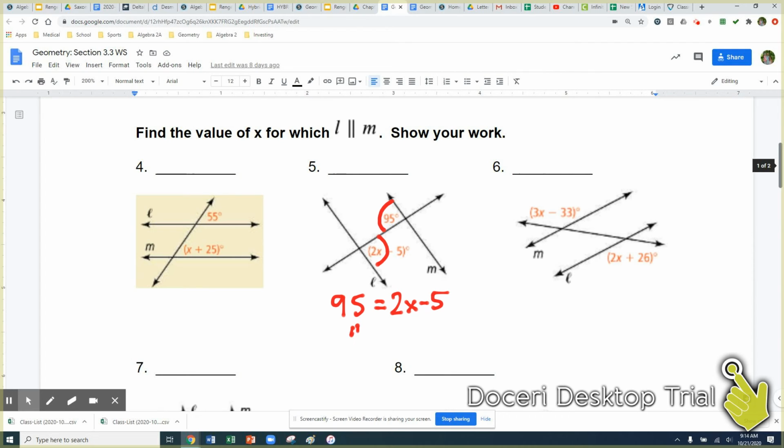We'll add 5 over, we'll get 100 equals 2x, which means x equals 50. So if x is 50, that's going to make both of them congruent by the converse of the alternate interior angles theorem. If these two angles are congruent, then that makes these two lines parallel. We're just doing the reverse of what we did back in section 2.